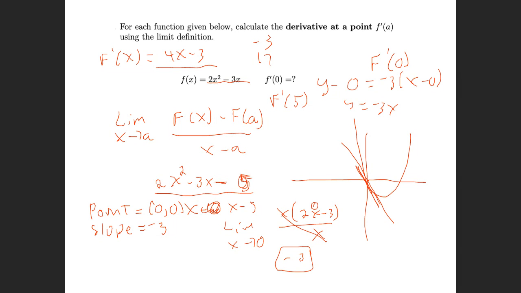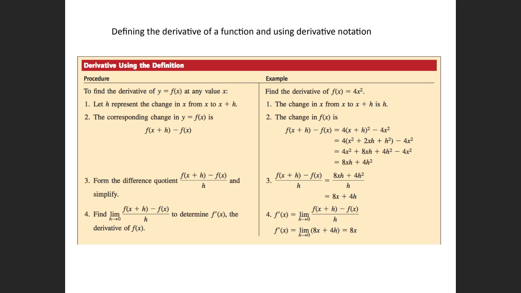But if we could write an equation, and that is what this slide shows us. This is the next slide, and it says that we can find an equation of any function, and it will give us the slope at any given point.